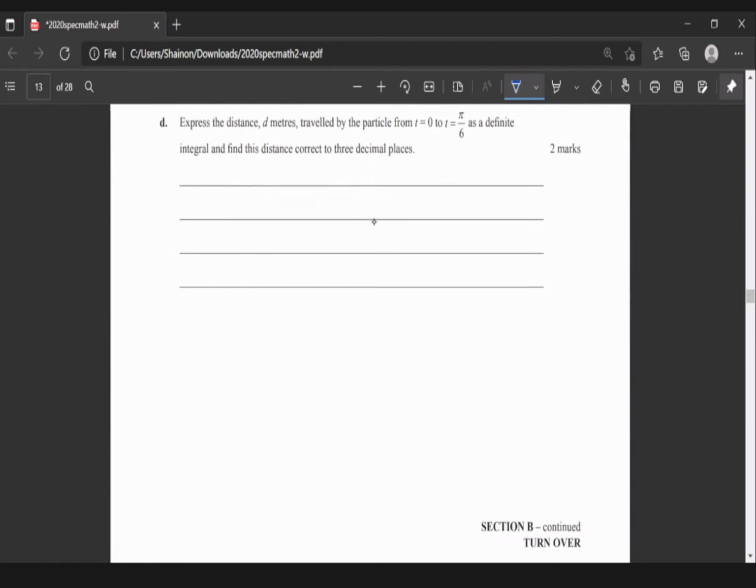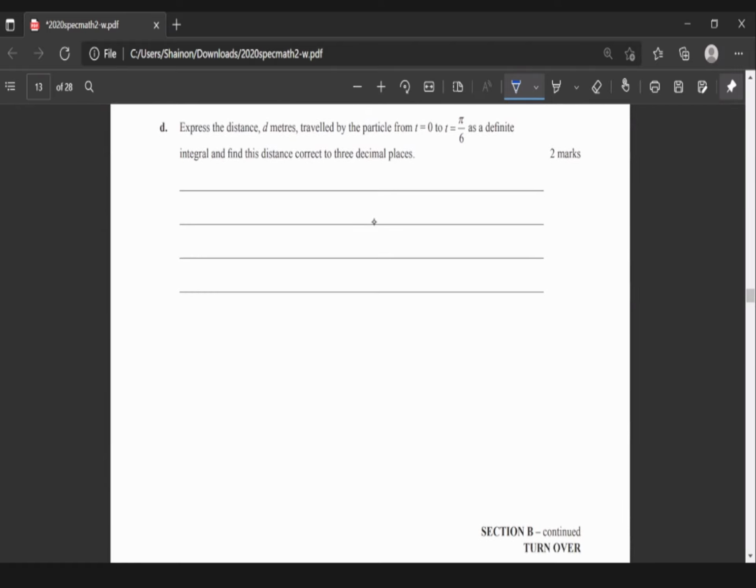Anyways, part D, express the distance d traveled as a definite integral, and find the distance. So we use this formula, integral from a to b of root of dy/dt squared plus dx/dt squared.